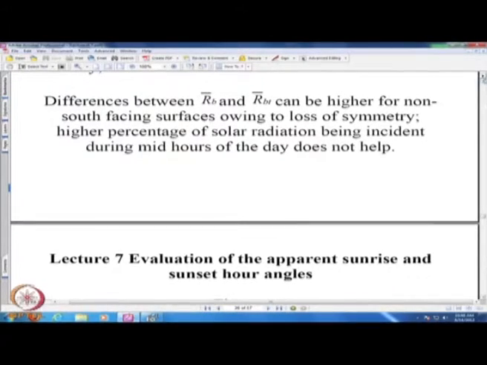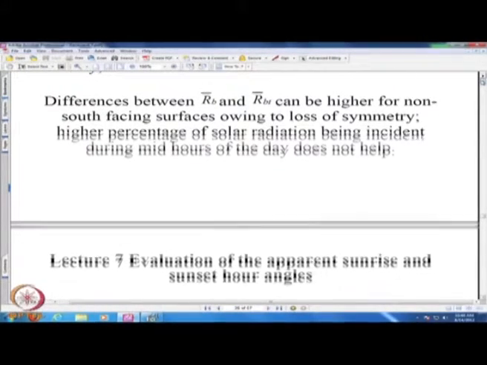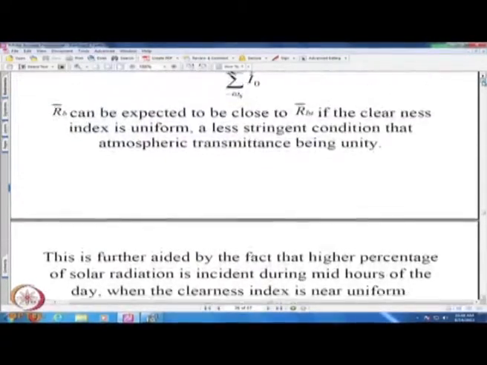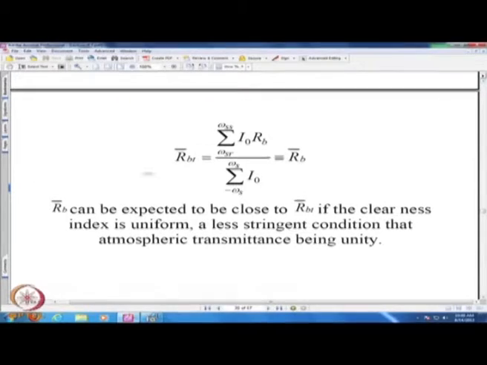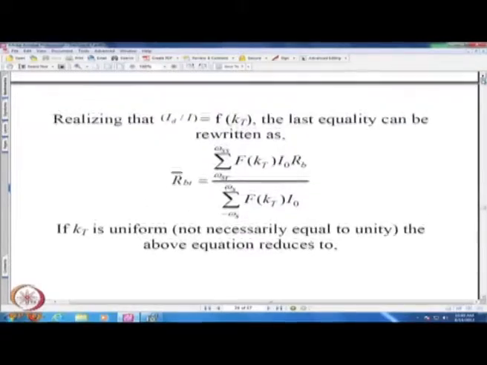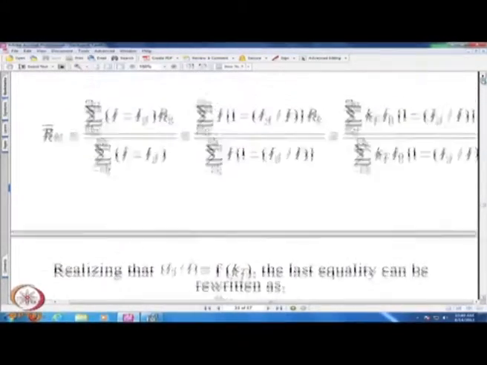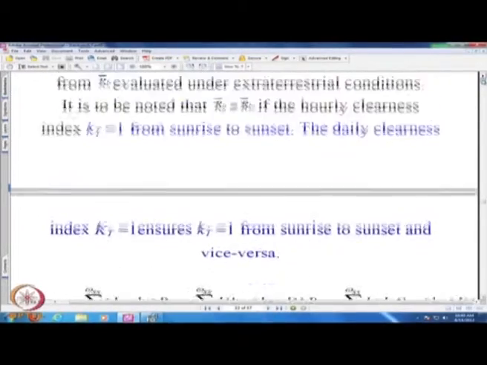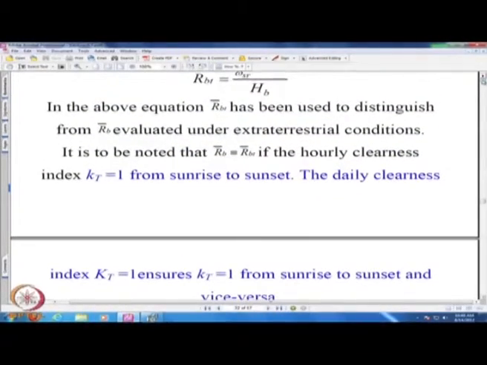Now, one word we have to say here: is it possible to evaluate R b bar t? With data, of course, you require a summation process, but we may recall that we have the correlations for R t and R d.